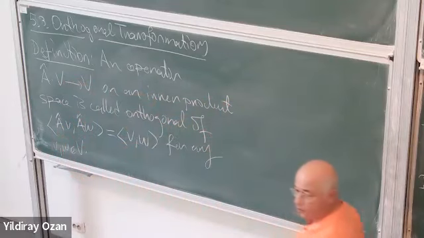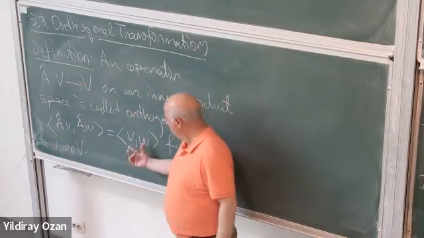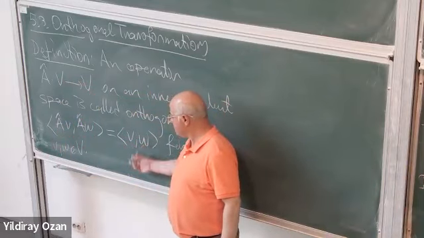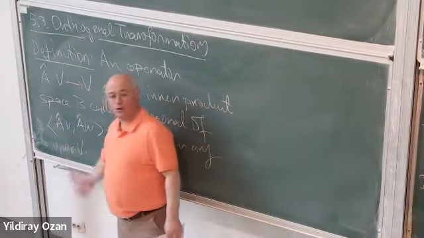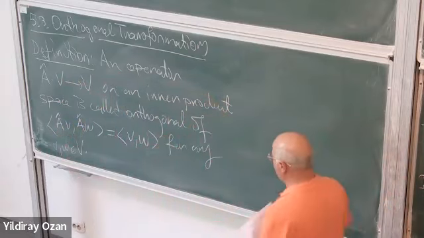So it preserves the inner product. Okay, the inner product of any two vectors is the same as the inner product of the images of these two vectors under the transformation.